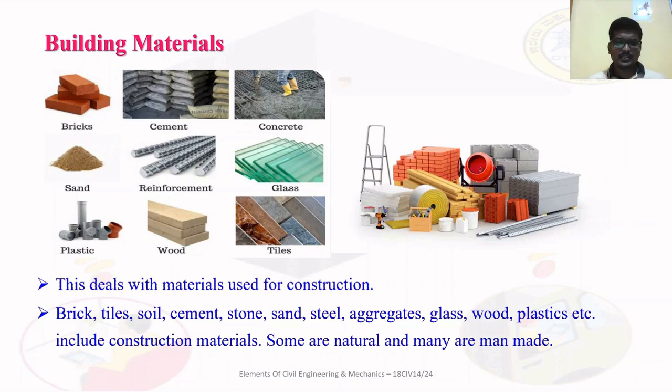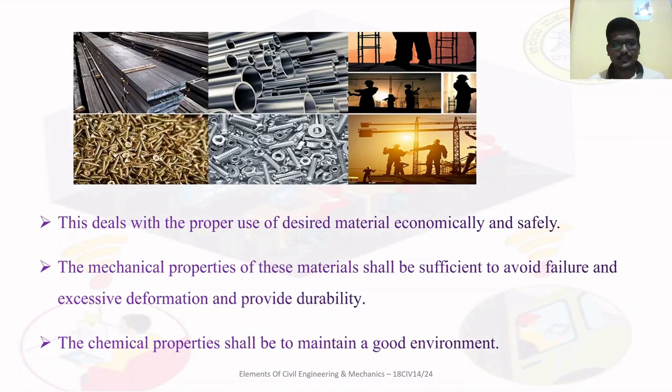Some are natural and some are man-made. We can also classify the materials as traditional, alternative and composite materials. Traditional materials are those which are naturally available. Alternative building materials include mud blocks, concrete blocks, paints, glass, aluminium, fly ash, etc.